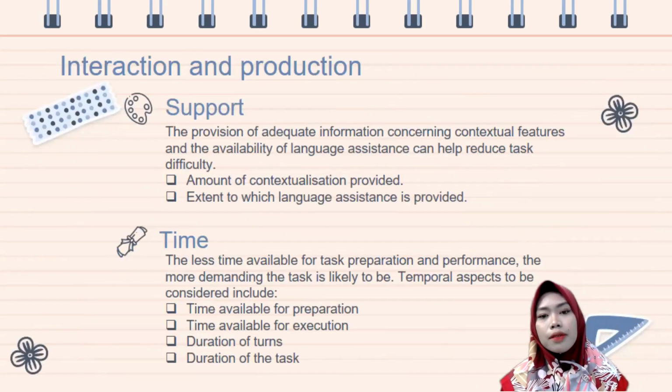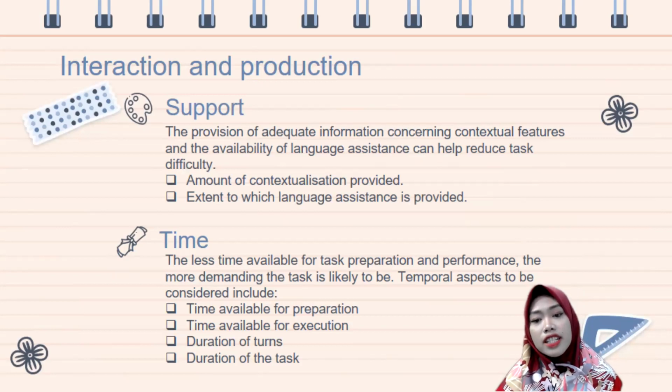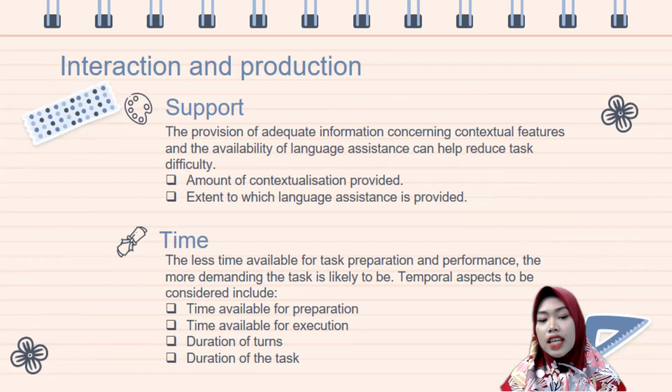Next, interaction and production. There are support and time. The provision of adequate information concerning contextual features and the availability of language assistance can help reduce task difficulty. The first is amount of contextualization provided.